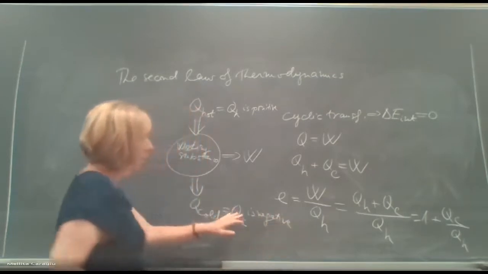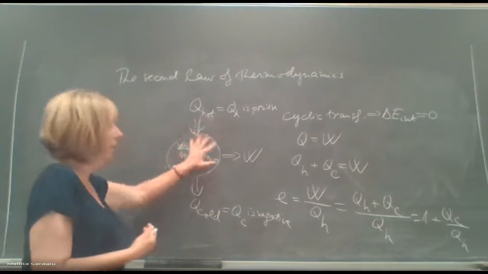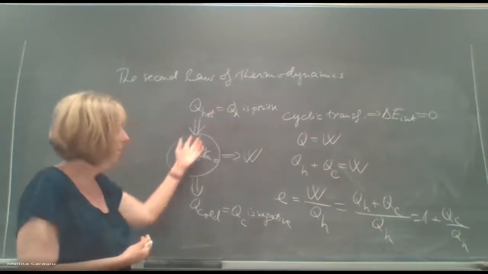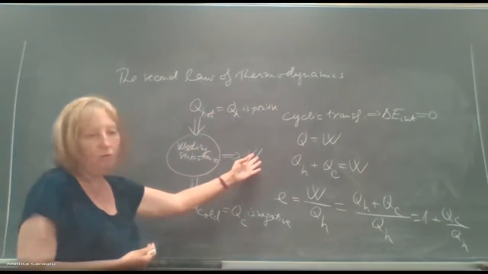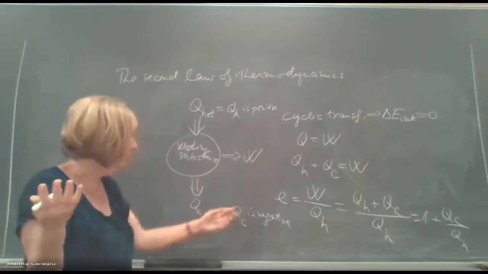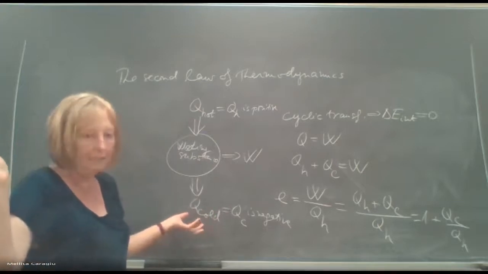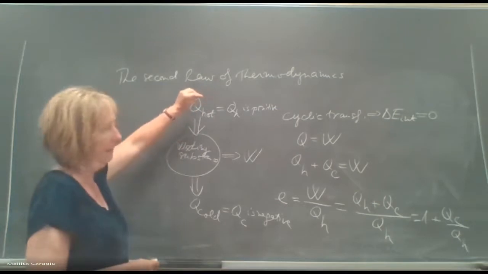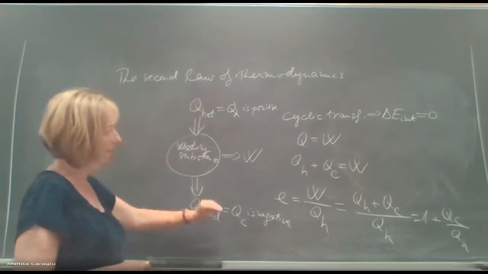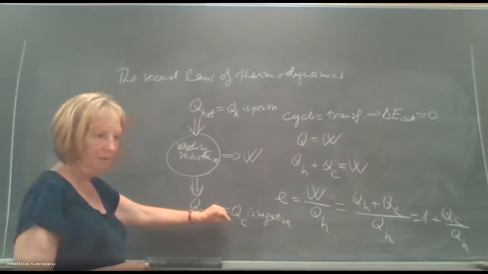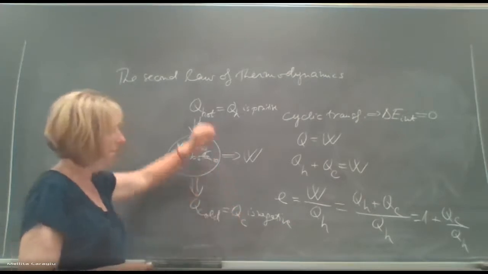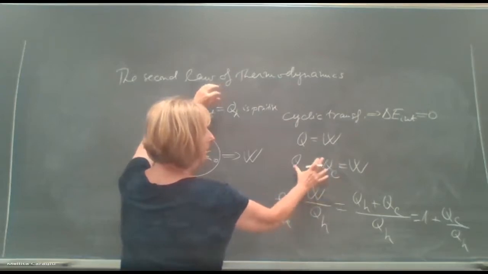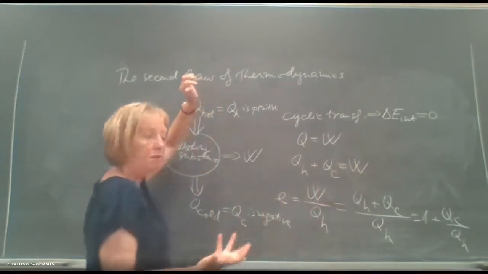So, for instance, I would give my working substance 700 joules of heat, 200 joules of work it does, and 500 joules it expels. But sign-wise, this is plus 700 and this is minus 500, because plus 700 minus 500 gives me 200, which is the work.